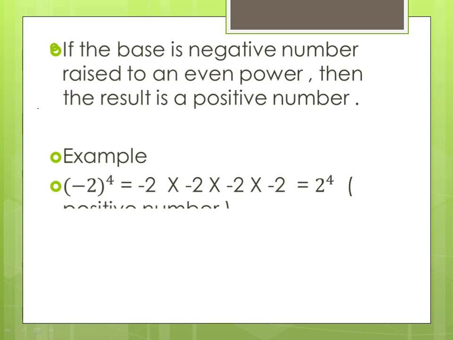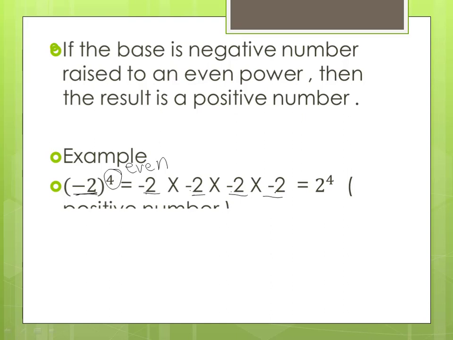Okay, let's see that. If the base is negative and we raise the base to an even power, then the result will be positive. Here we have negative 2. If this power is even, that means that negative 2 is multiplied 4 times. So negative times negative equals positive, and negative times negative equals positive.